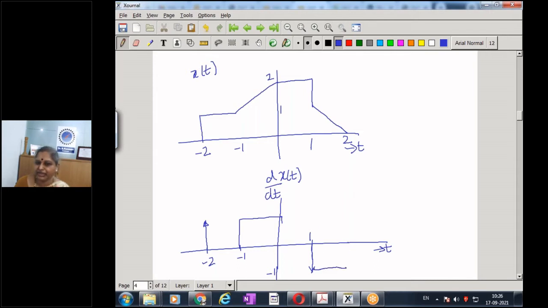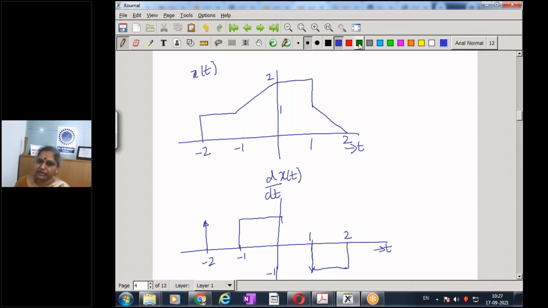So we walk from minus infinity to plus infinity and record the rate of change. This is how we get the derivative of the signal.